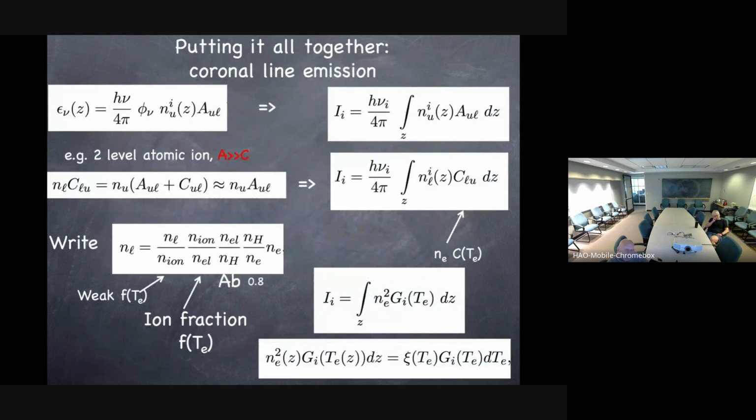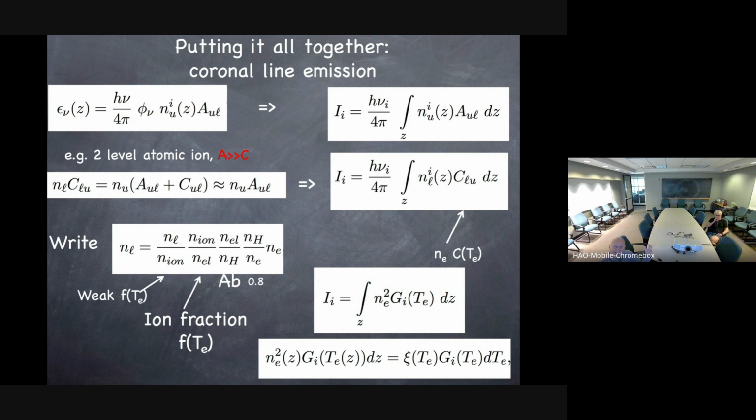So now let's put it together and get to the point where the intensity I sub i here on the right-hand side, that's just the statement I had earlier, which is the conservation of radiative energy. If we have a total number of photons coming out with a population of N upper, the transition i, then that turns out to be ergs per square centimeter per second per steradian, which is what we're measuring, right?